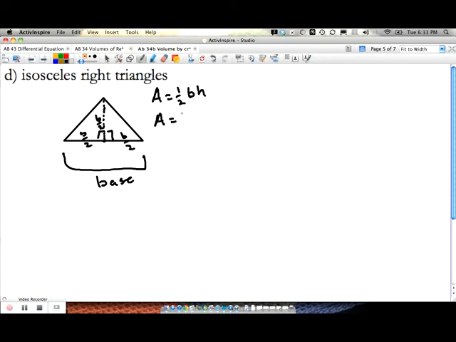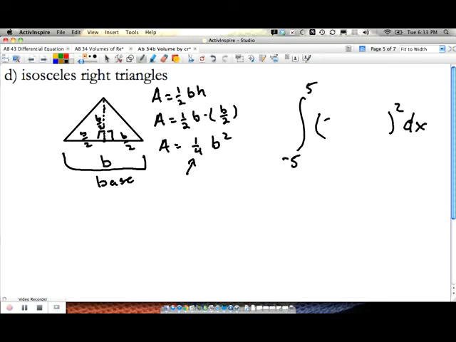In this case, our base is just b, but the height is b over 2. That means we'd have b squared, like we've had with the other ones, but it'd be 1/4 for a constant. So when I set this one up, we're going from -5 to 5. We still have the dx. We still have our base squared, which is 2 radical 25 minus x squared. And out front, we have our constant 1/4.